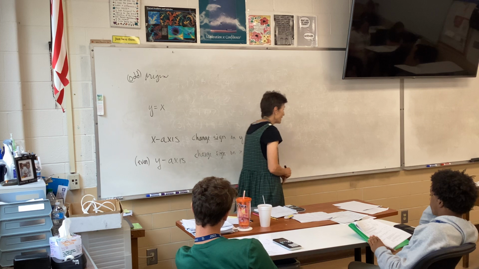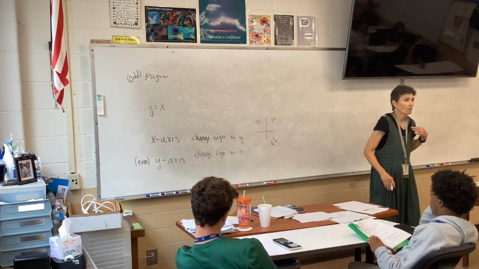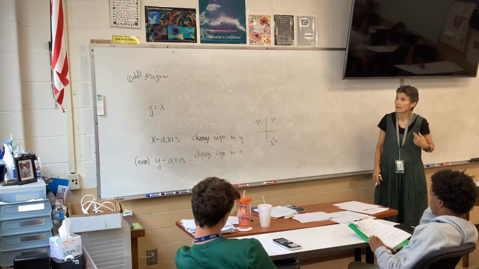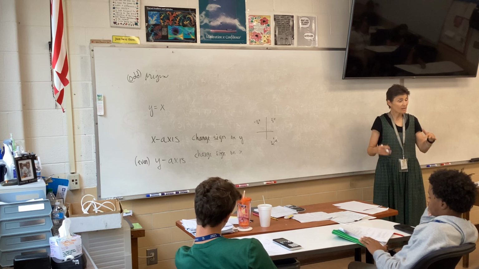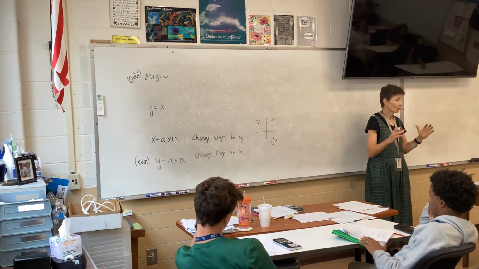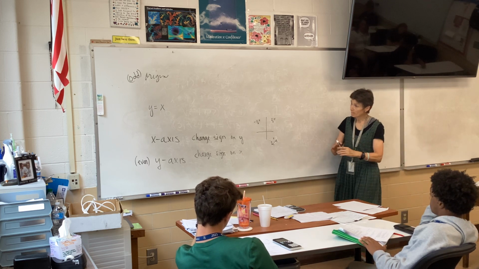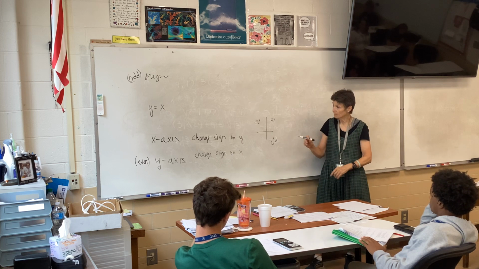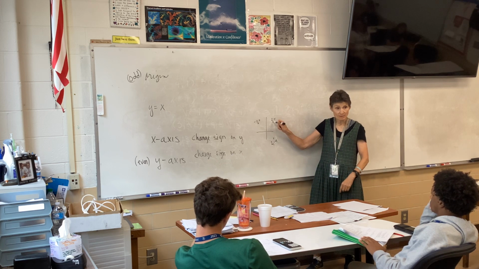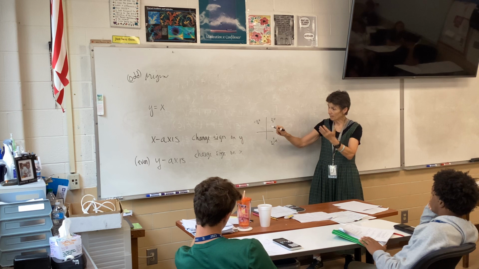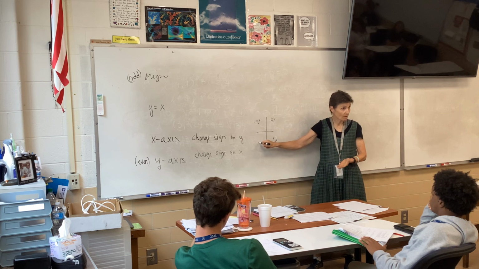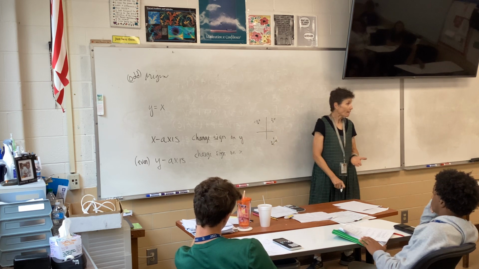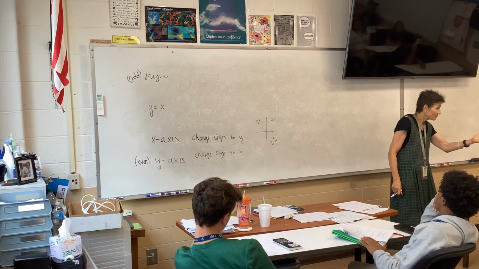Now, any ideas how we might test for symmetry about the origin? Think about where the origin is. If you're symmetric about the origin, then this little point right here would end up being reflected over here. So what happens when we do that? You make the y and x negative?